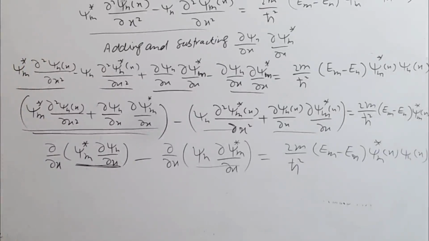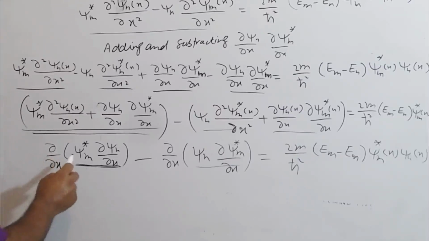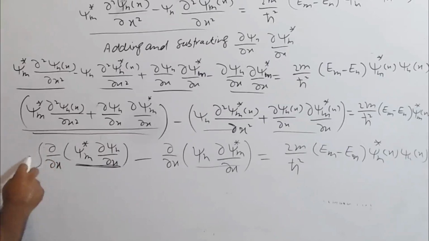Okay. Now integrate with respect to x from minus infinity to infinity. When we integrate, since derivative is the opposite of integration, after integration this derivative will be cancelled out with integration.